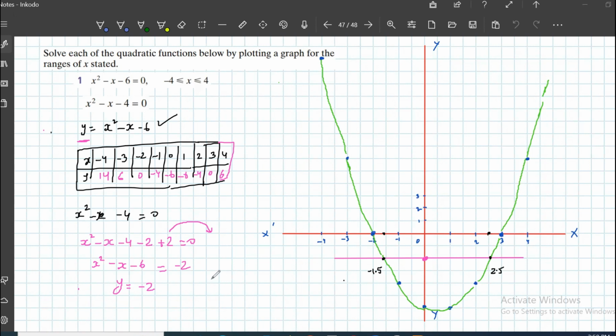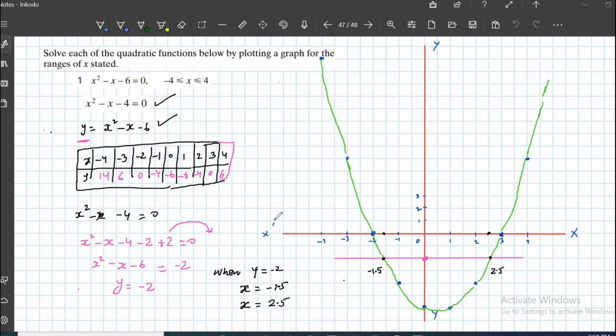You can say that when y is equal to minus 2, we are getting two answers of x. One is minus 1.5, and the second value of x is 2.5. I hope you understand how we are getting the answer of this quadratic equation, which has two answers on the graph paper.